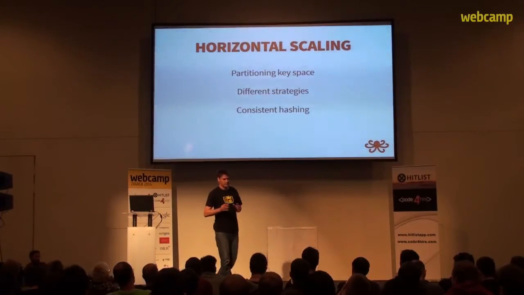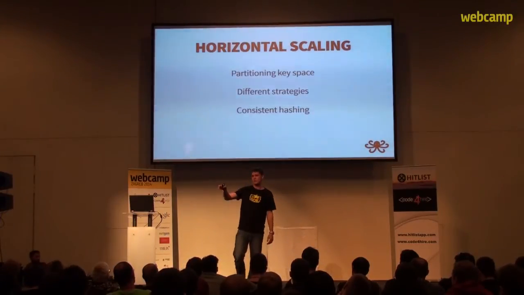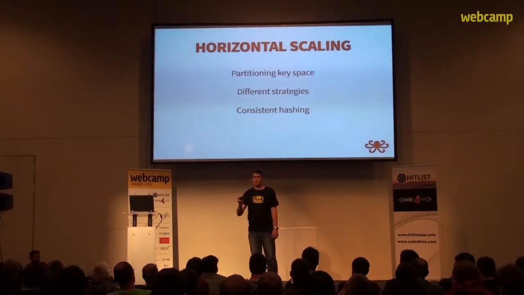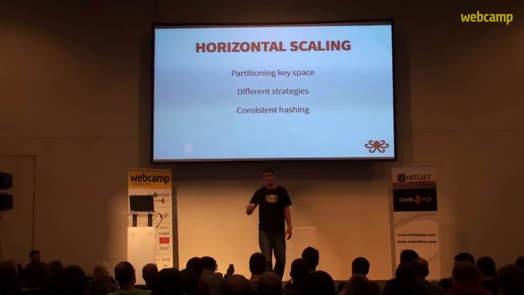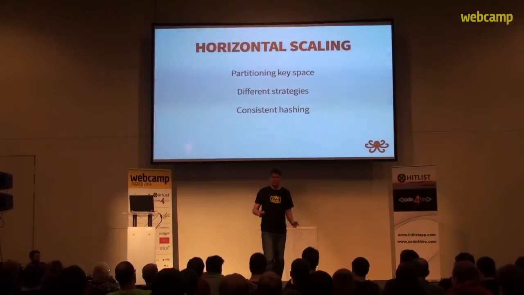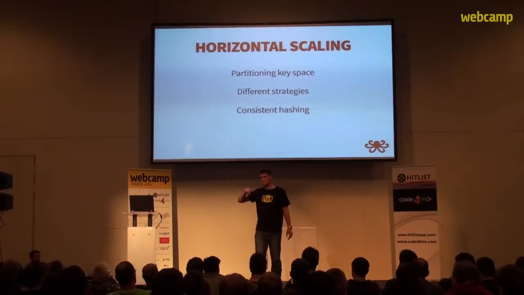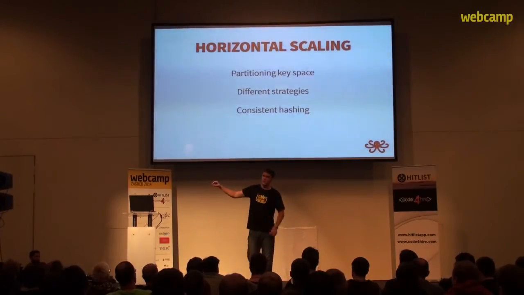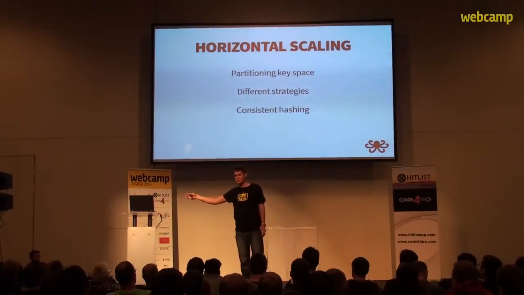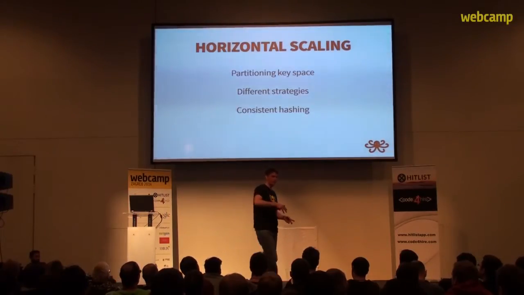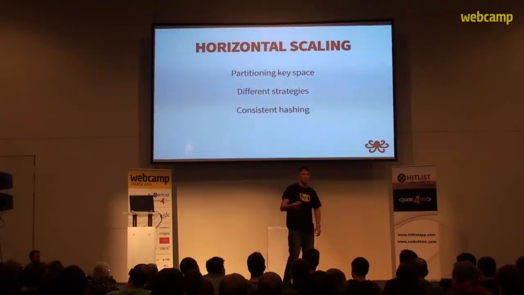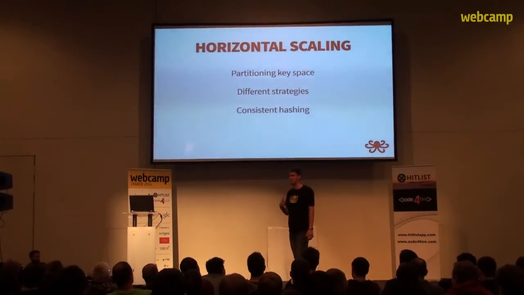So for example, you say, okay, I want to work with this key, and you request it from node A. Then node A says, okay, I'm not responsible for this key, but I know who is, so I'll reroute your query to that node. Then that other node will do some work with that key, return the value to the initial node, and that node will then return it to you.